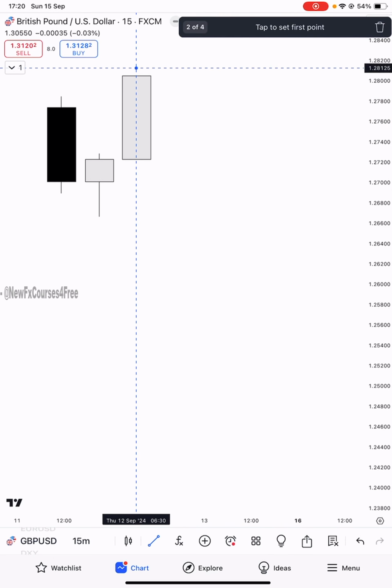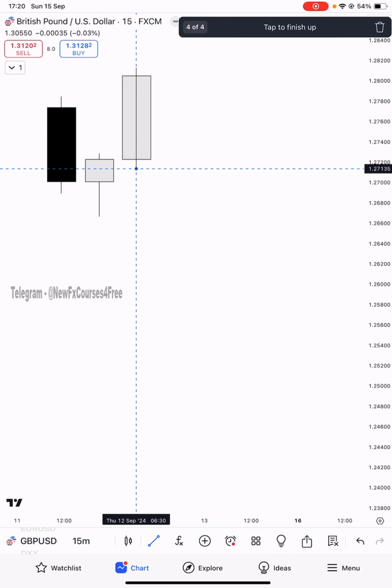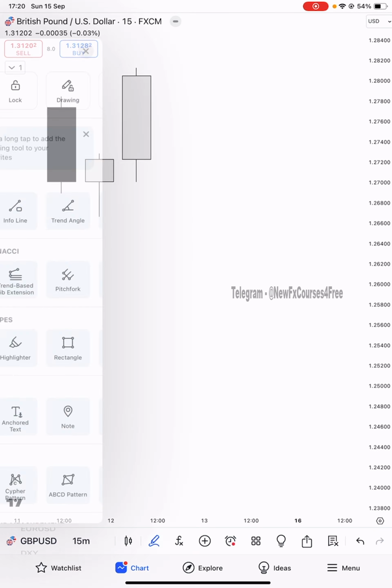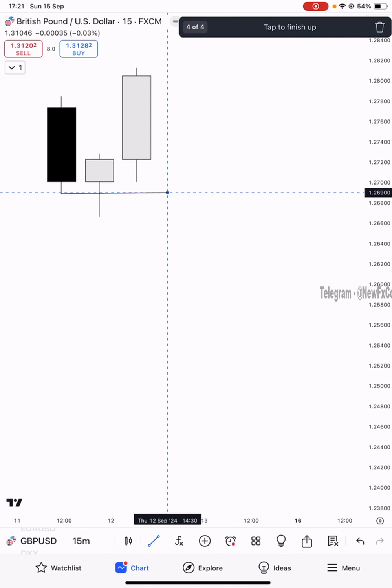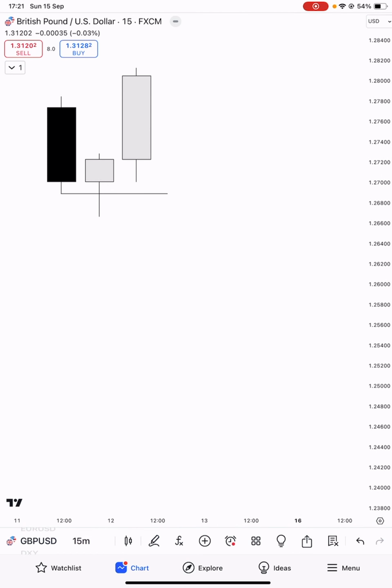So the Monday range model is a three candle model of a specific time frame, and basically you have Monday low and high, and 50% of the Monday is a specific type of range trading model. It's not the same, because the range trading model is an actual range that builds up liquidity.